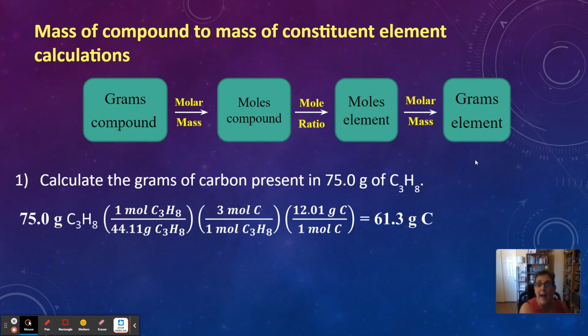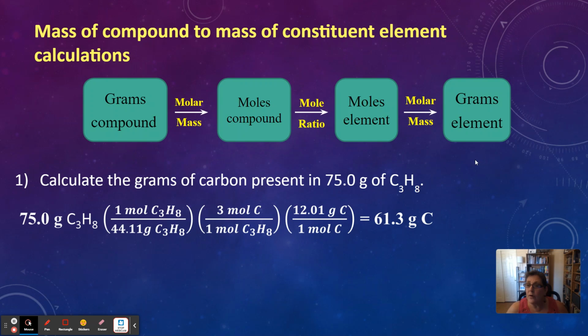That's the molar mass. Molar mass goes between grams and moles, always. Grams of C3H8 cancel out. Second step, 3 moles of carbon over 1 mole C3H8, the mole ratio step. The moles of C3H8 cancel out.